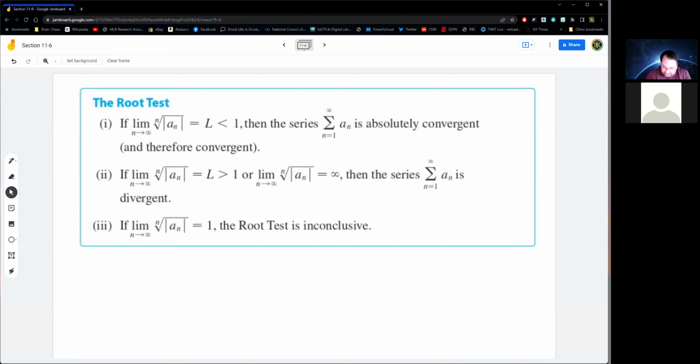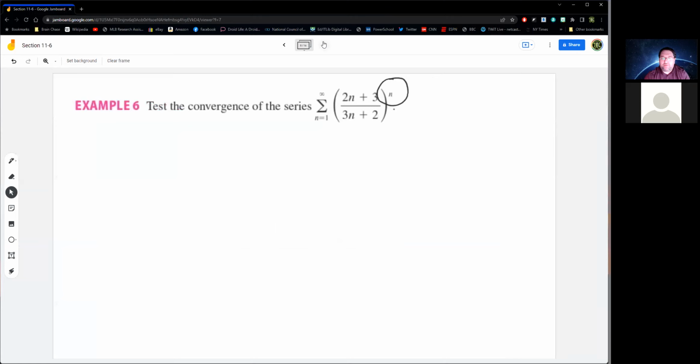You'll notice these types of problems, where you have something raised to the nth power. When you have something raised to the nth power, that's really a place where the root test becomes great, because it's going to get rid of that nth power and we're just going to deal with the thing on the inside.